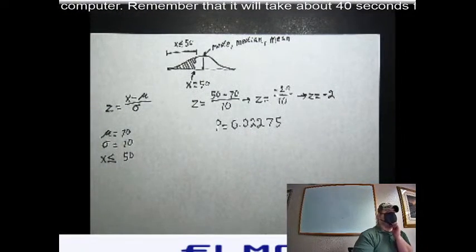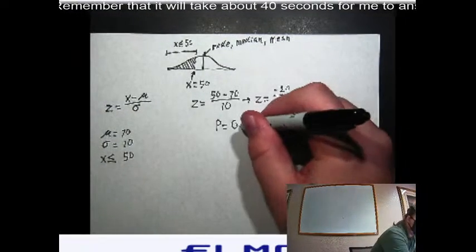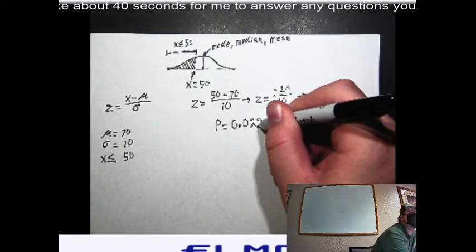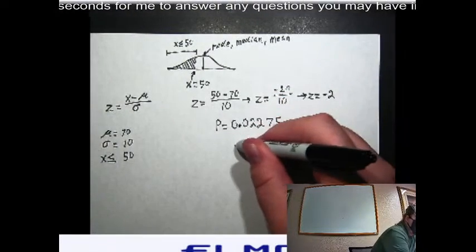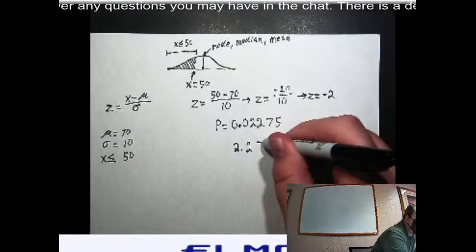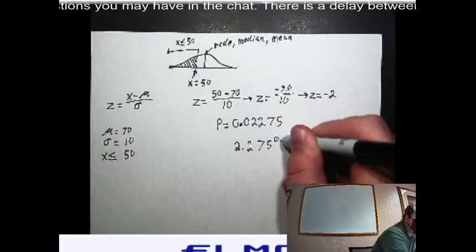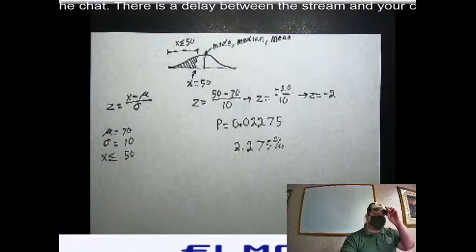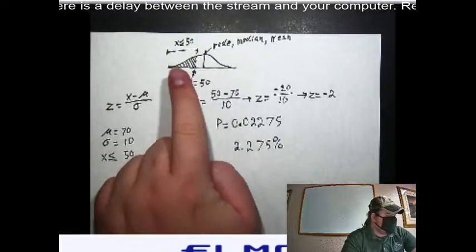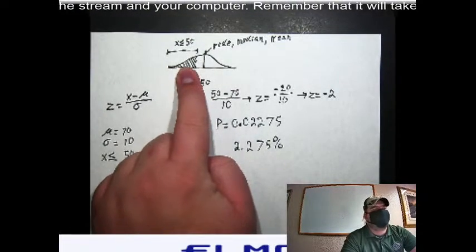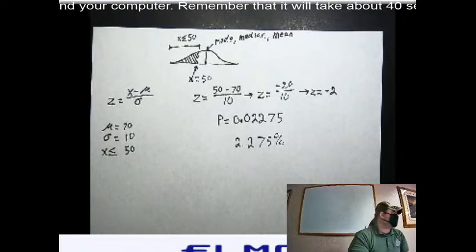Of course, we can also convert this into a percent by moving this decimal twice to the right, and that would mean that we get a percent of 2.275%. So then we can also say, okay, well that means that about 2%, just over 2% of our data lies in this area right here.